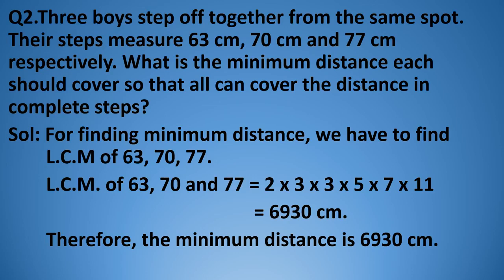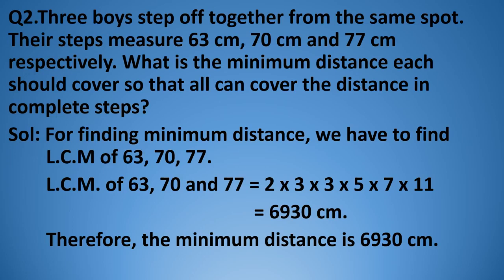Now find the LCM of 63, 70 and 77. You will get 2 multiplied by 3 multiplied by 3 multiplied by 5 multiplied by 7 multiplied by 11. Don't think I have written the direct answer. I will show you the LCM working also. The LCM is 6930 centimeter.